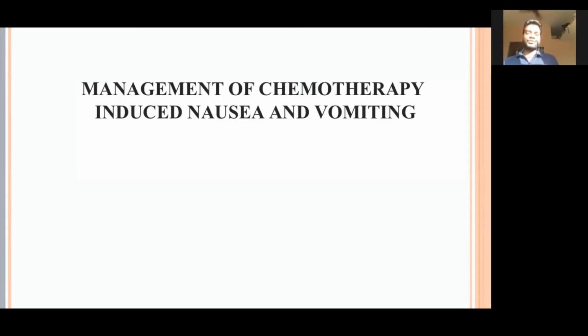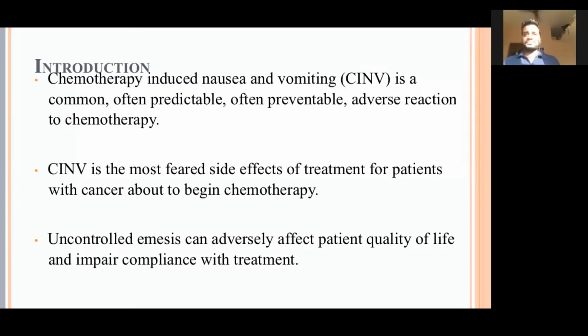The chemotherapy attacks even those cells, which irritates the GI and causes GI disturbance, not only nausea and vomiting, it even contributes to diarrhea. Apart from this mechanism, we have another mechanism of how it causes nausea and vomiting. We'll see it in the coming slides, but let's start with the introduction.